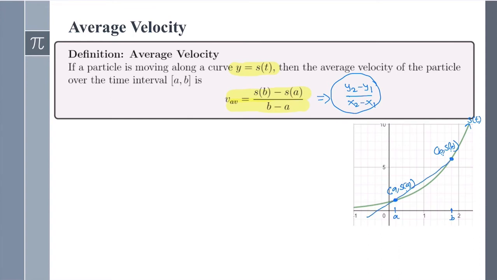This formula gives us the slope of that line, and this line has a special name, which is called the secant line. So from here we can say the average velocity is the same as the slope of the secant line connecting those two points.